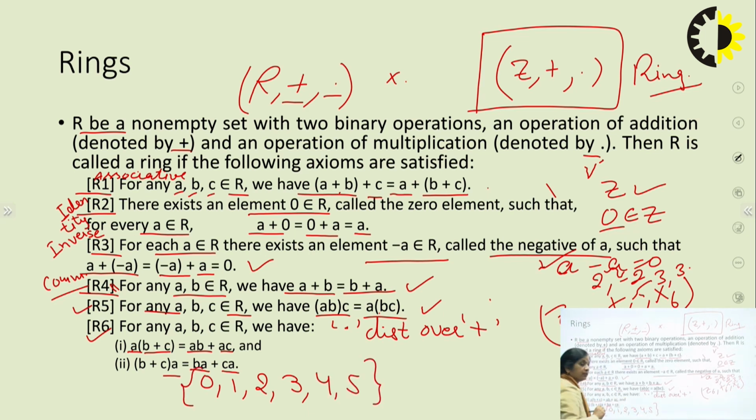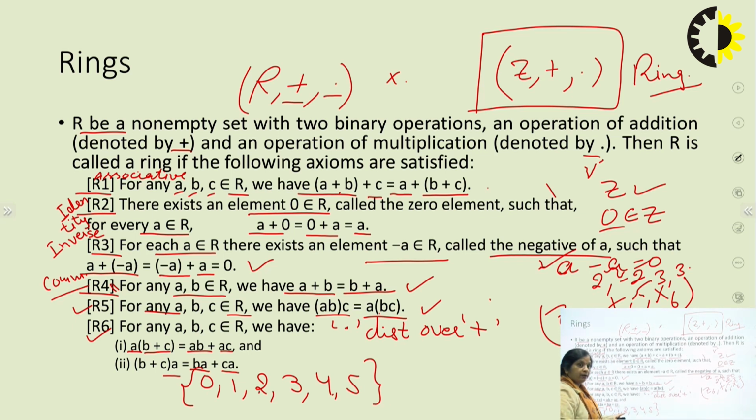This is the modulo set, the residual when we divide with 6. So 0 is the inverse of 0. 1 is the inverse of 5 because 1 plus 5 is 6, 6 modulo 6 is 0 and 0 is the identity. 2 is the inverse of 4. So we call it negative of a.